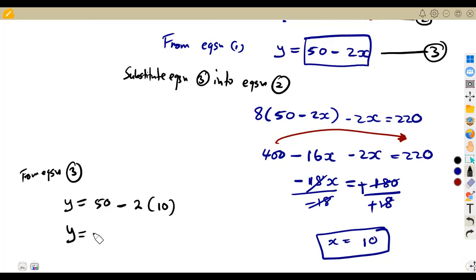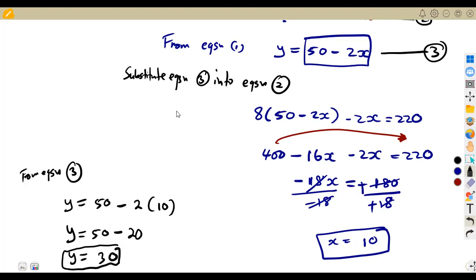So that means 50 minus 2 times 10, which is 20. I'll just use a calculator here, guys. There's no need for you to write this stage by stage. So y is going to give you 30.